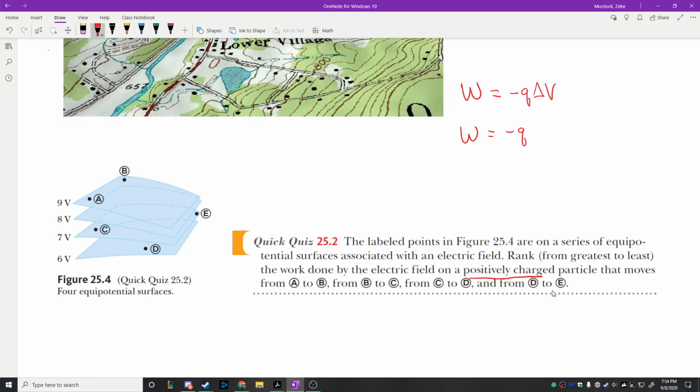Yeah, positively charged. So this is positive. You do the change of potential, so you go final minus initial. If you're going from A to B, it would be VB minus VA. What's this one going to be equal to, by the way? If A and B are both on the 9-volt equipotential, what would this one be? 0, yeah.